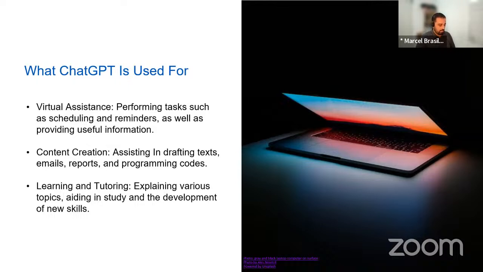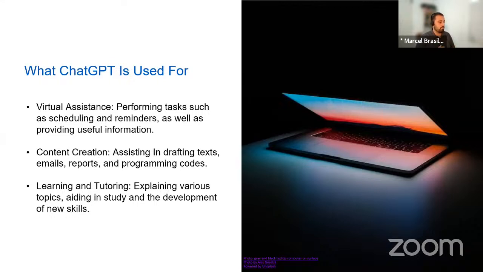When we use ChatGPT as an assistant, we can do our tasks more easily, because ChatGPT can automate some processes, and it is easier for us to do our daily tasks.